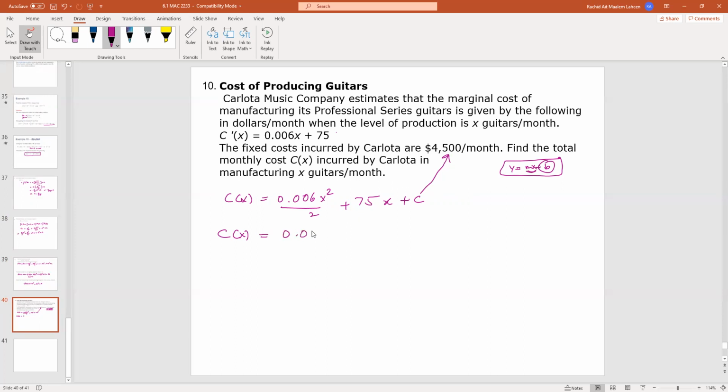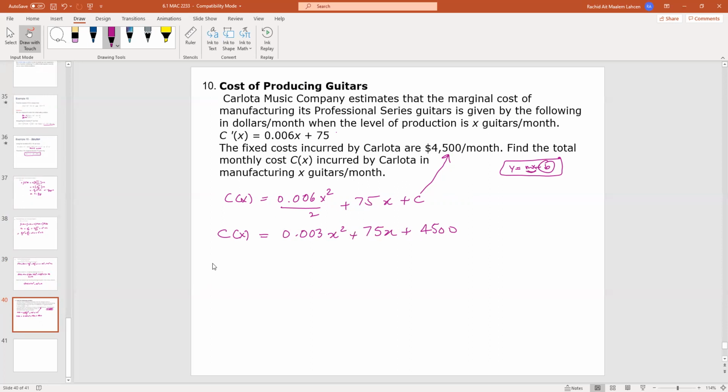So 0.03x squared plus 75x plus 4,500 is going to be this requested function. Right?